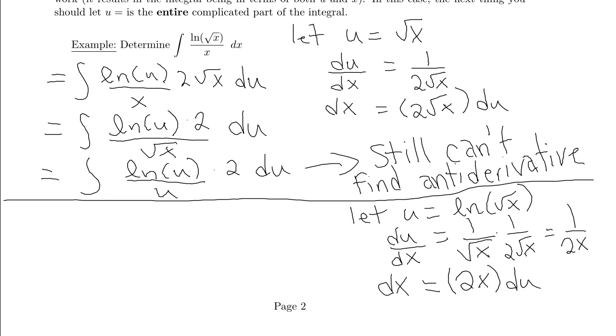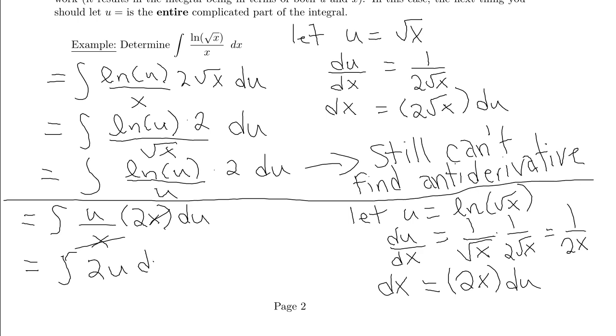Okay, so now let's try this in my integral. I'm now going to have the integral of u, because our entire u is ln of root x, so that entire numerator is my u. I still have an x in the denominator, and then for dx, I plug in 2x du. Well now this is better because my x's are going to cancel directly, and so I have the integral of 2u du.